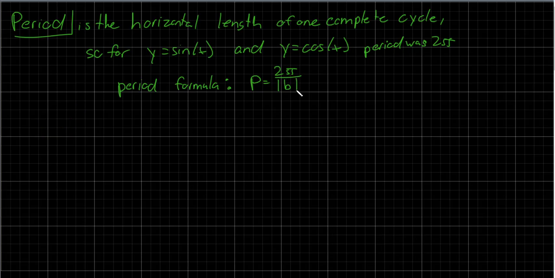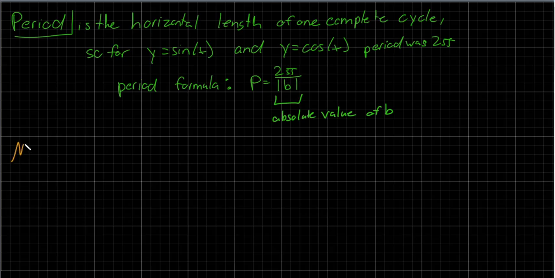It means it can't be negative. This is the absolute value of b.